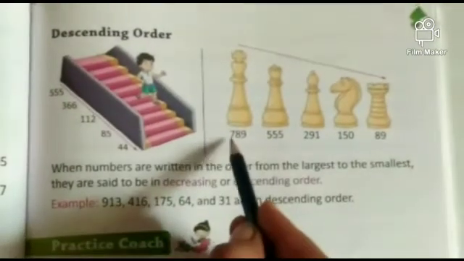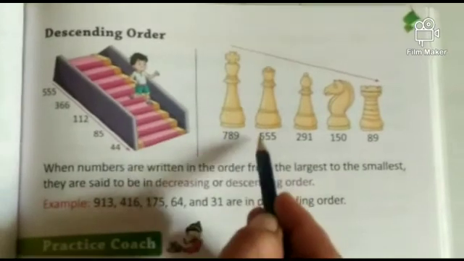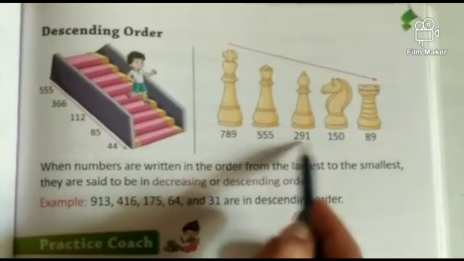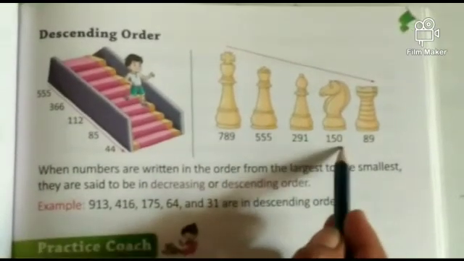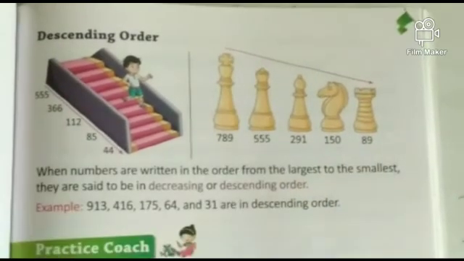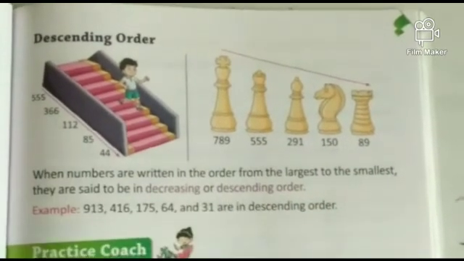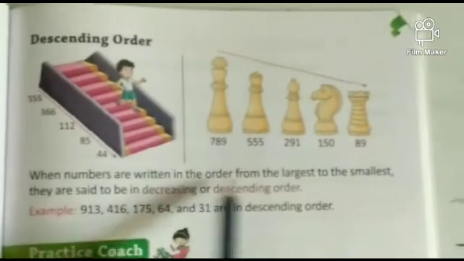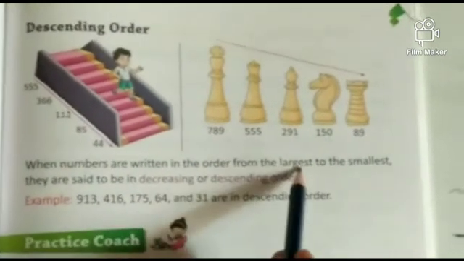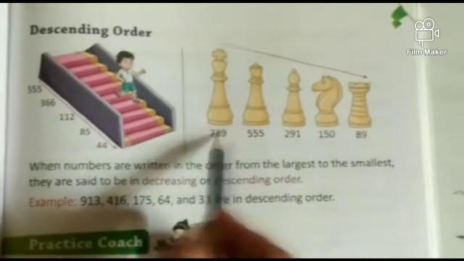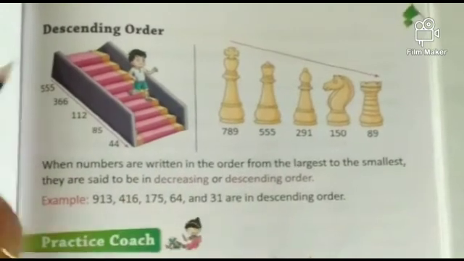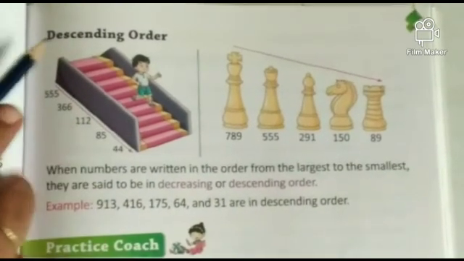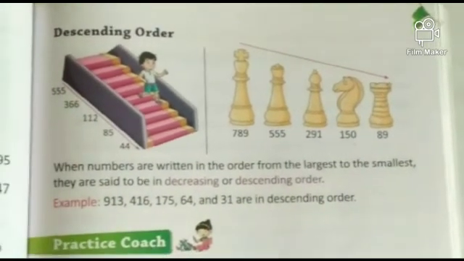Here also this is descending order. 789, 555, 291, 150, 89. These are descending order. So, when numbers are written in the order from the largest to smallest, they are said to be descending order or decreasing order.